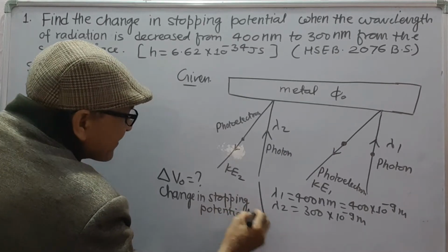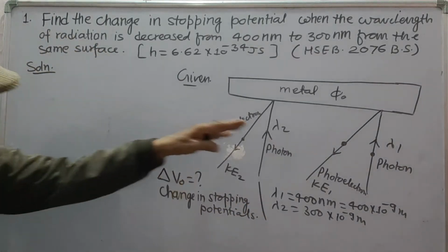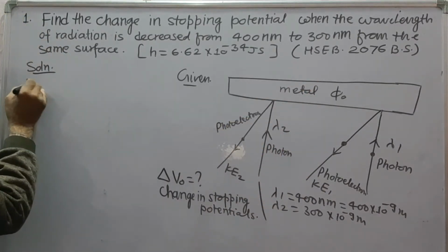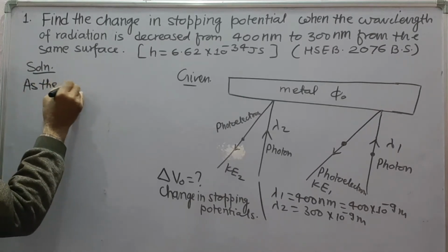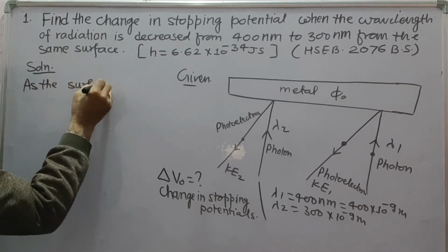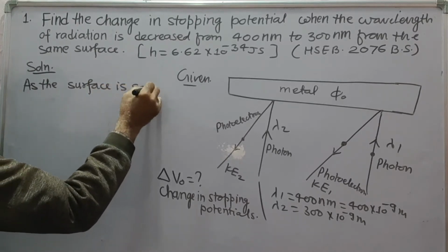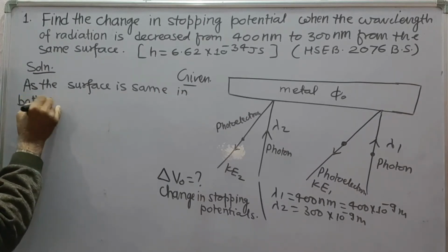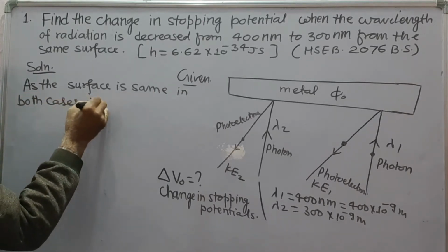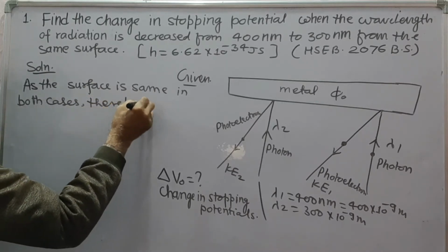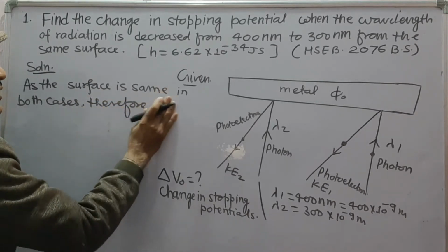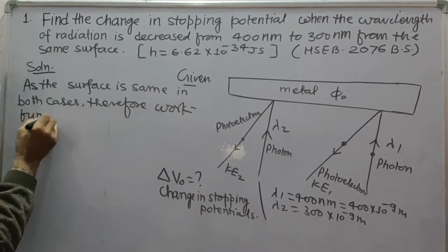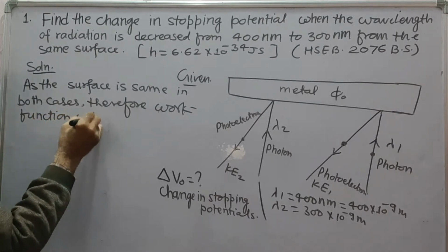Now because the surface is same in both cases, therefore phi naught or work function will be same.